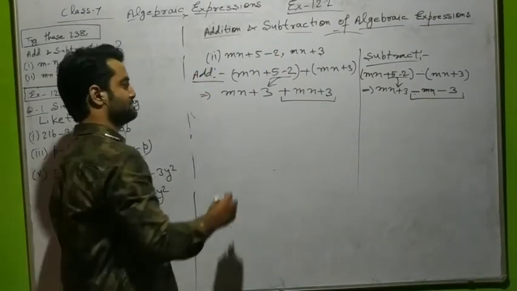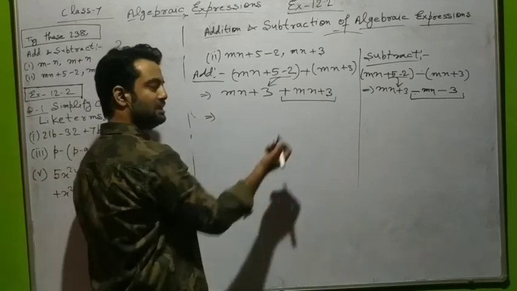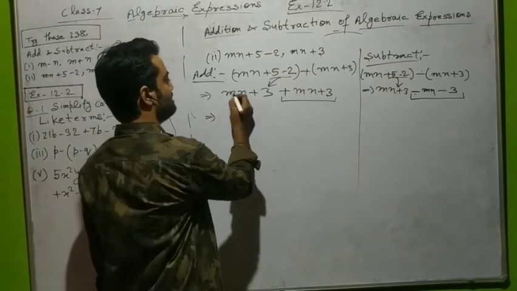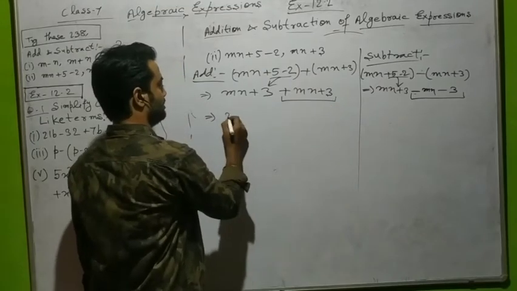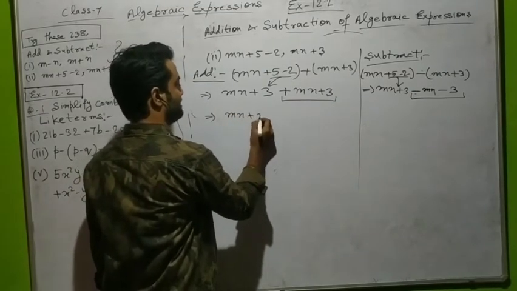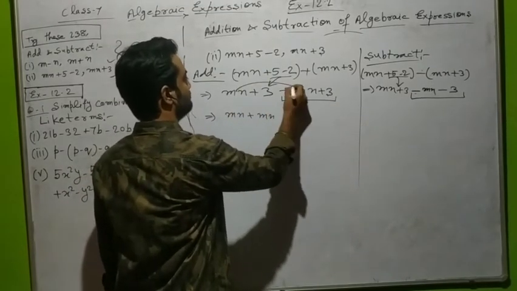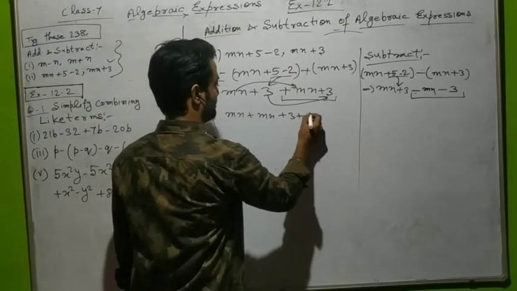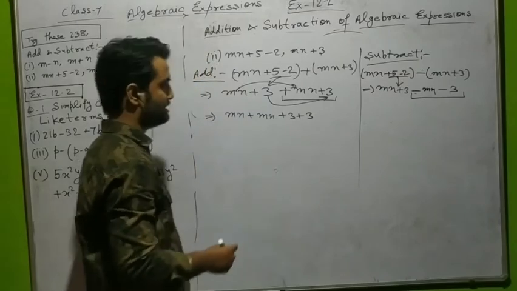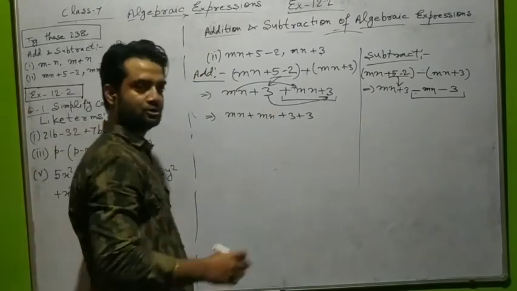This makes the difference. Now we will combine the like terms. So mn plus 3 and mn plus 3 here also. So mn is a like term with mn only, and 3 is added with 3. Okay, we are just putting all the like terms together.